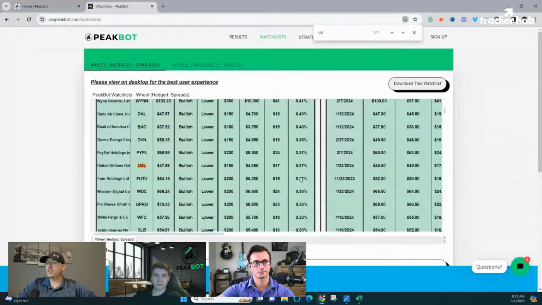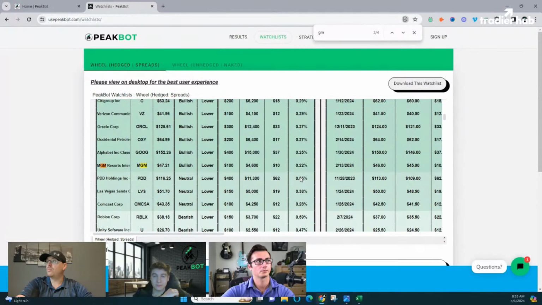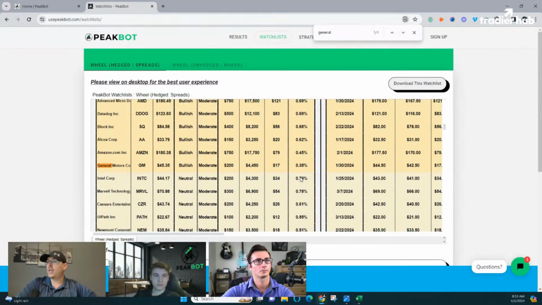So I'm going to make a couple adjustments here, and I'll show you guys how I do that live. The other stock was General Motors. Let's see where that falls. General Motors is now in moderate risk, bullish trend. We have a $2 spread, also paying the same exact premium with a similar percentage. So I'm actually going to drop those this week.